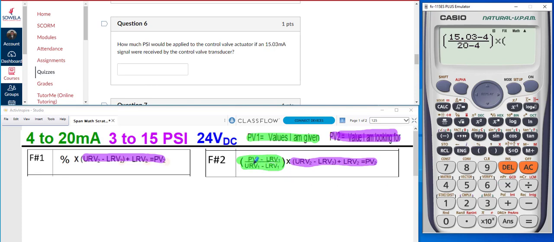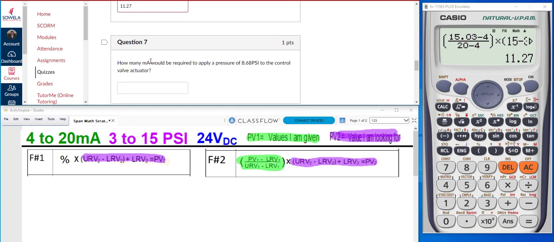Okay, that's all of my upper range values of my number 1 numbers. Now I'm looking at my number 2 numbers, what I'm looking for. 15 minus 3 plus 3 gives me 11.27 PSI.